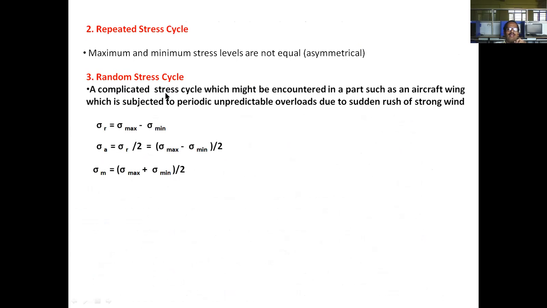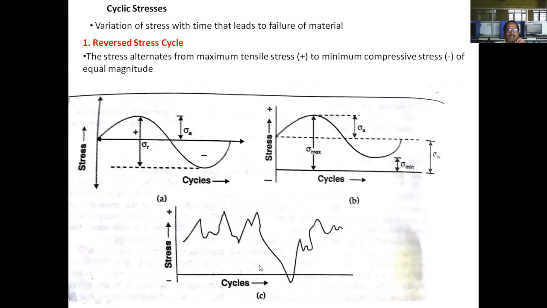This is a complicated stress, observed mostly in aircraft wings, which are subjected to unpredictable overloads or strong winds, and that leads to fatigue. So this is the random stress cycle.